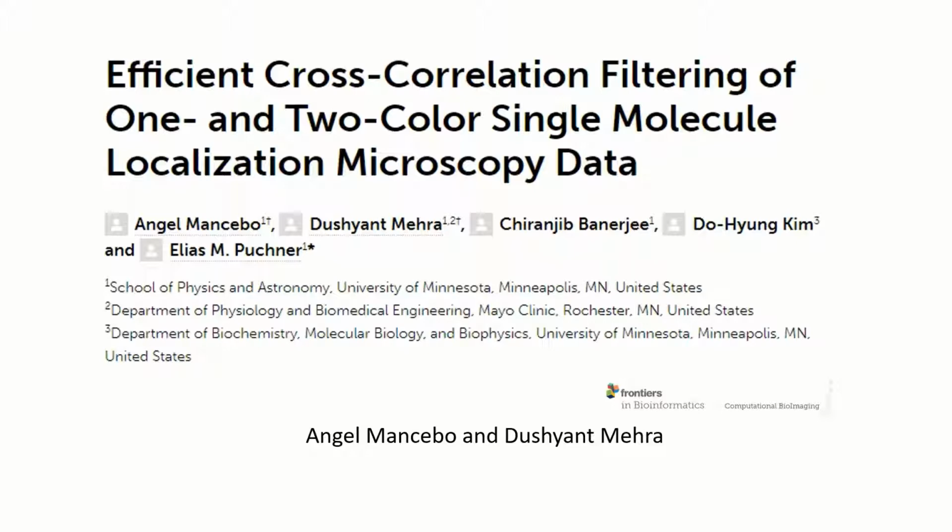We'll then discuss the existing techniques used to study co-localization using single molecule microscopy datasets, specifically pair correlation and cross correlation, and we'll discuss the limitations of those existing techniques. And then my colleague Angel will present our method and a code walkthrough so that you all will know how to use the code.